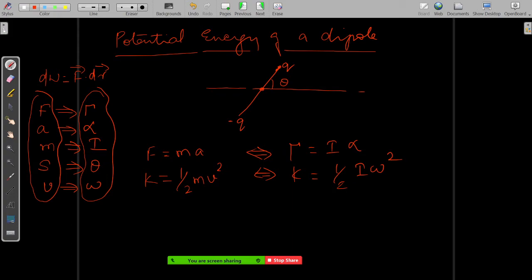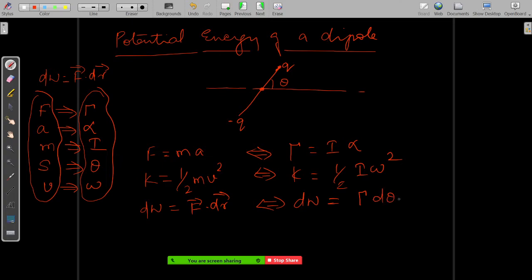Similarly, if you see the work done, the small work done here becomes force dot displacement, and in rotational mechanics the small work done becomes torque dot d theta.